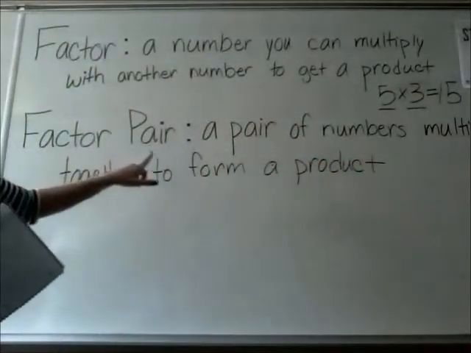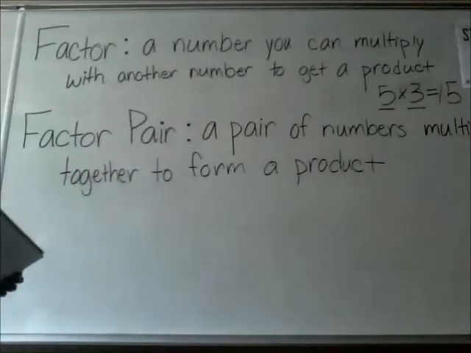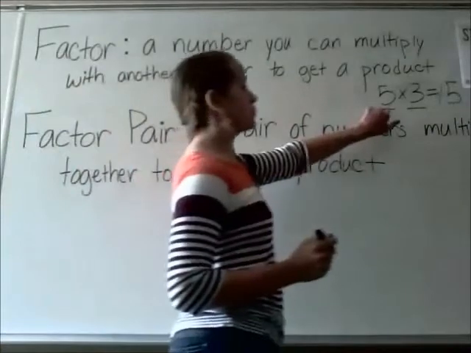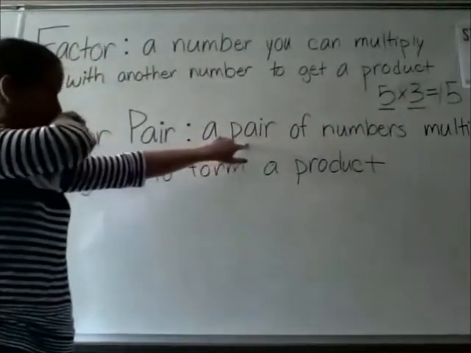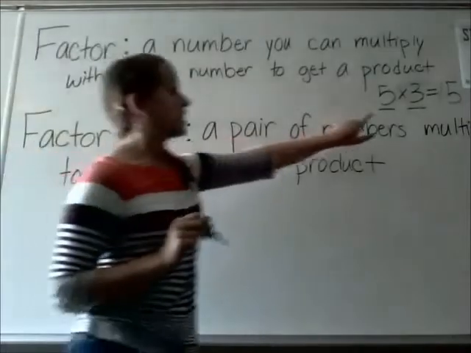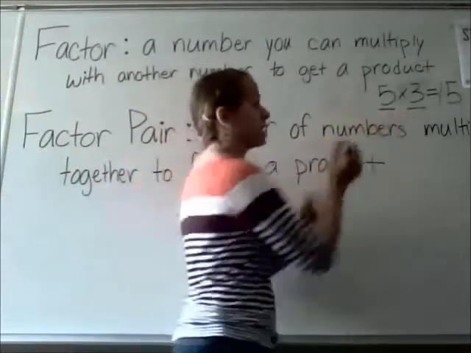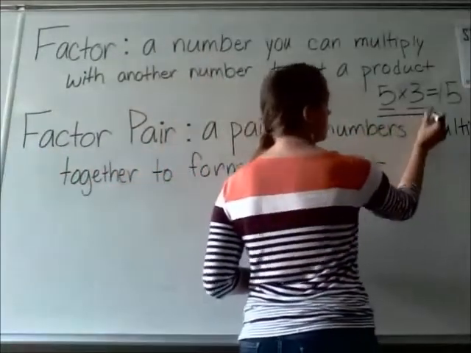So a factor pair is a pair of numbers multiplied together to form a product. Looking at our equation again, our pair, which means 2, like I said, our pair is 5 and 3. I will underline that for you.